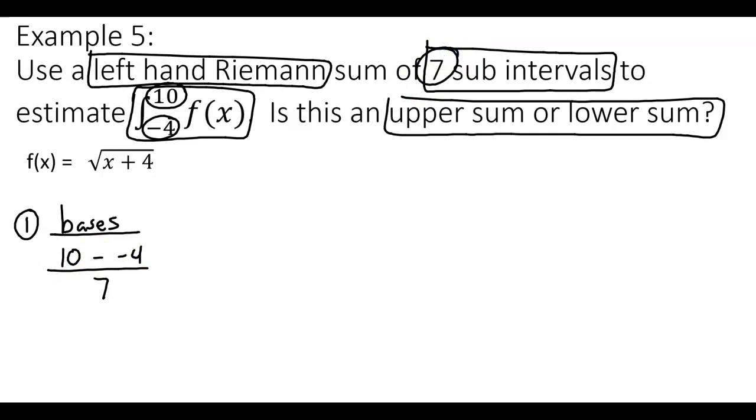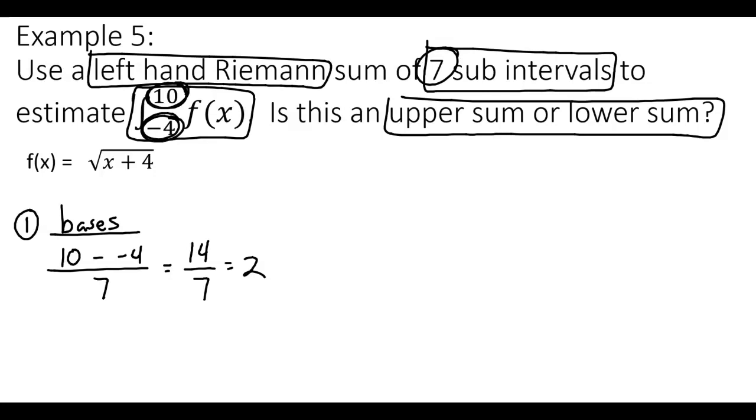Now, how do I know that 10 and -4 are my last and first x values? Well, on the integral, I told you this is the last and this is the first one that you want to look at. So in this case, I've got 10 minus a -4, which is 14. And therefore, I want my bases to be 2 units long.